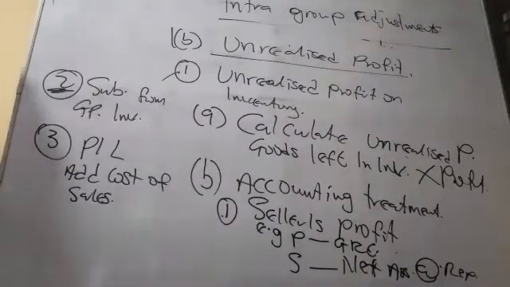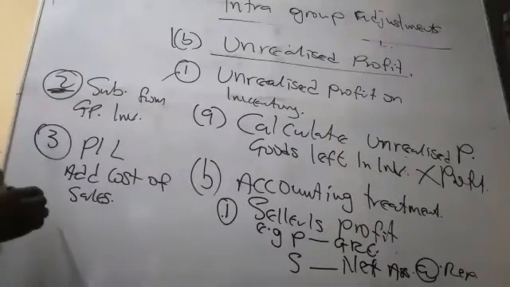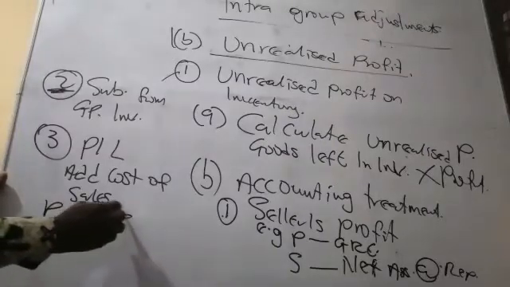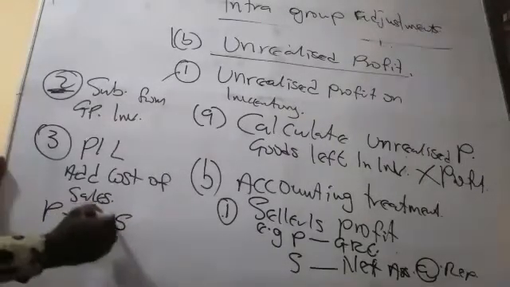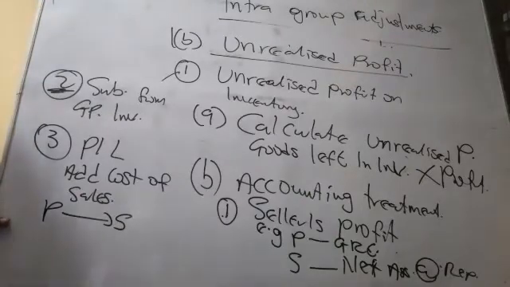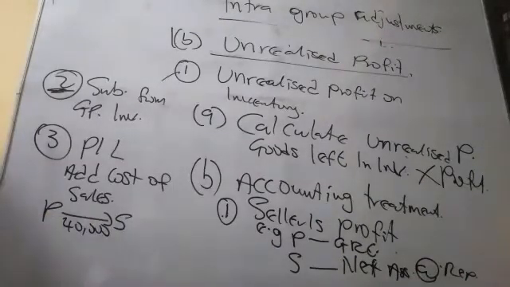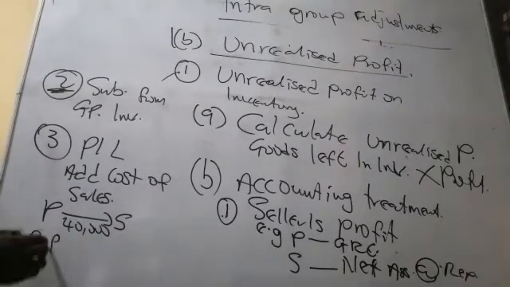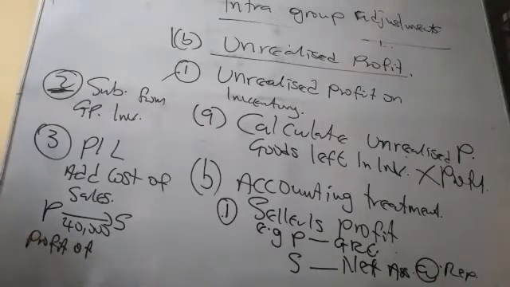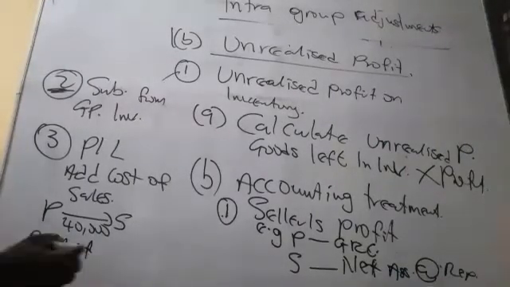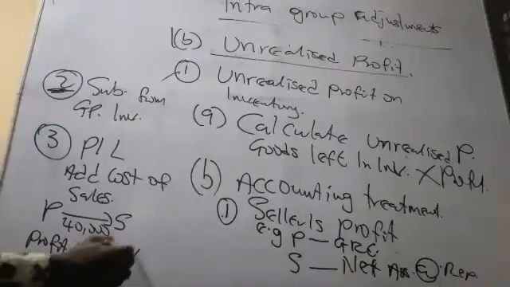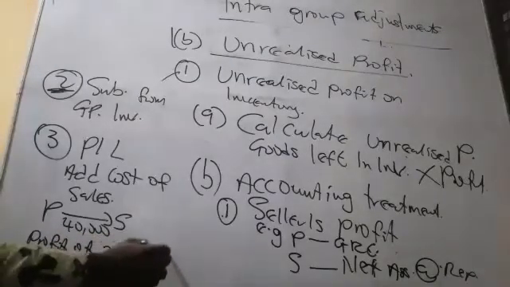Now, let's assume that parent sold to subsidiary. So when you see me doing this, that means parent sold to subsidiary, at a total value of 40,000, earning a profit of 25% margin.